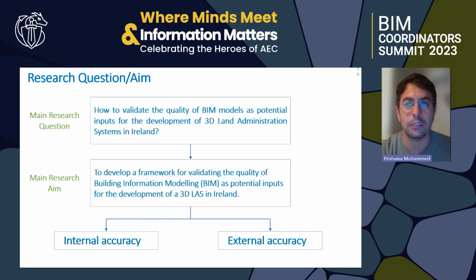And external accuracy basically is to enrich the BIM models with geospatial information and georeferencing information and integrate that with other GIS standards. So after it has been enriched, then we have to validate the geospatial capabilities of the BIM model as well. So the research is done in two stages, internal and external accuracy.